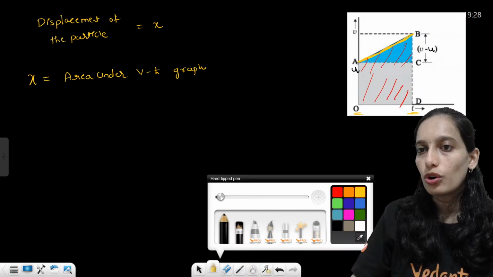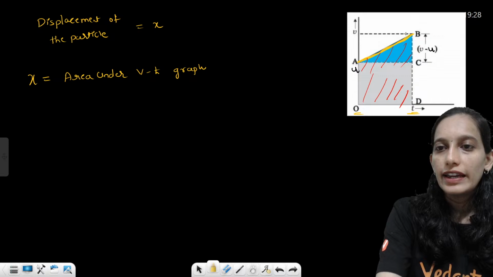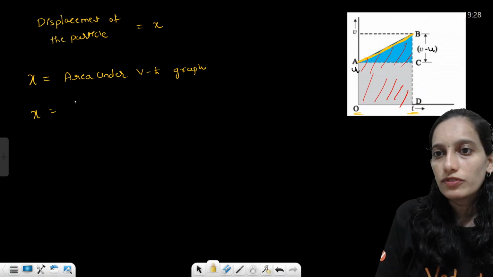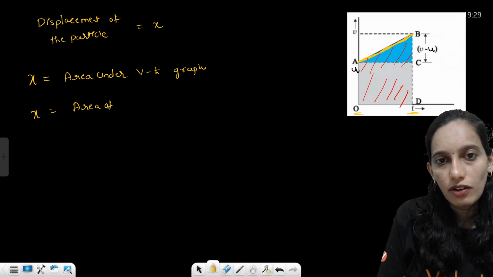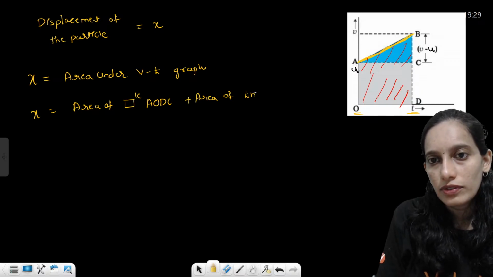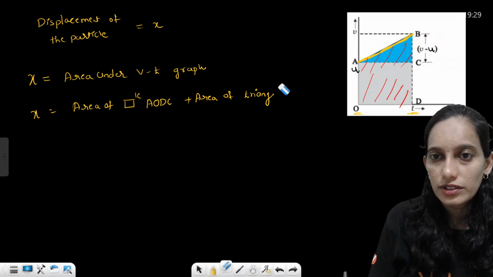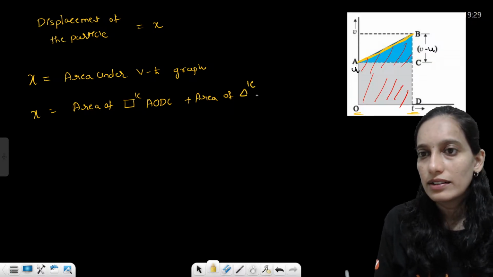This total area under the line AB will be equal to the area of rectangle AODC plus the area of triangle ACB. Let me just write the symbol notation for the triangle: area of triangle ACB.